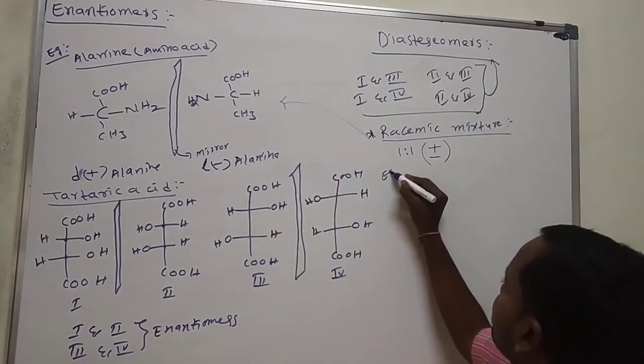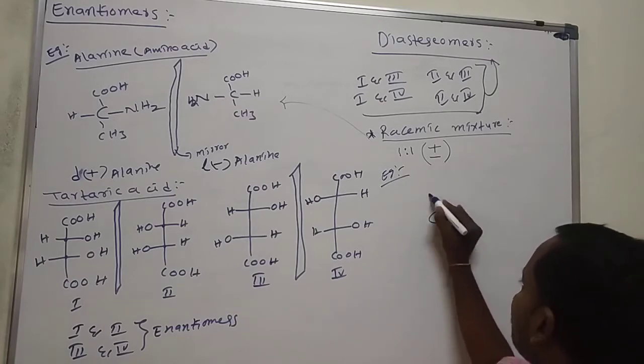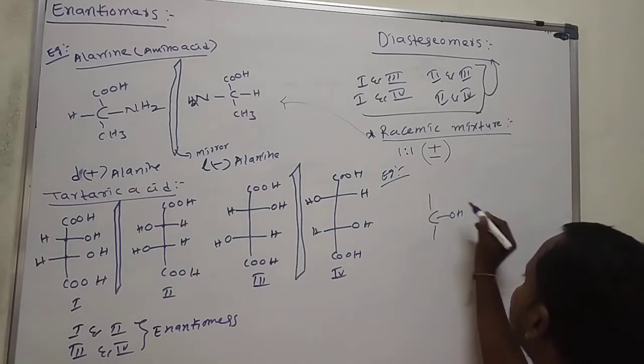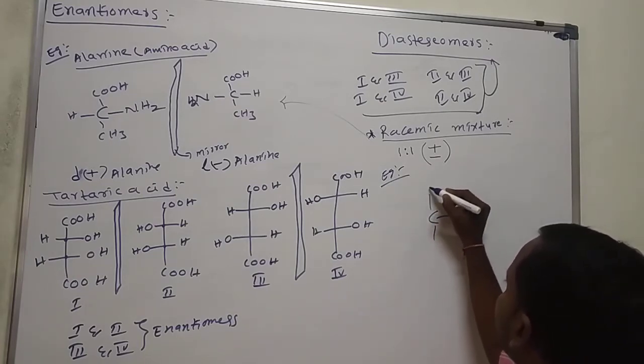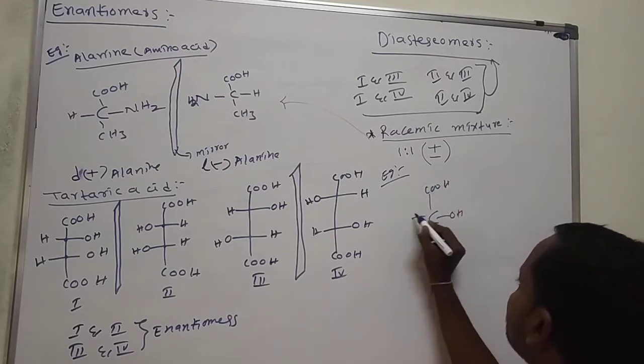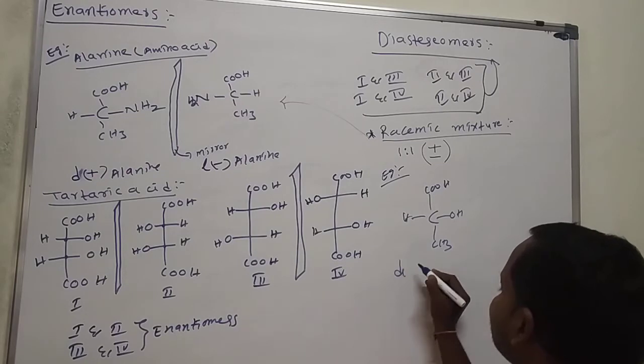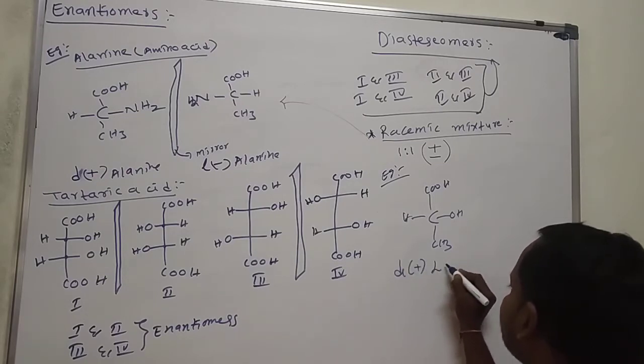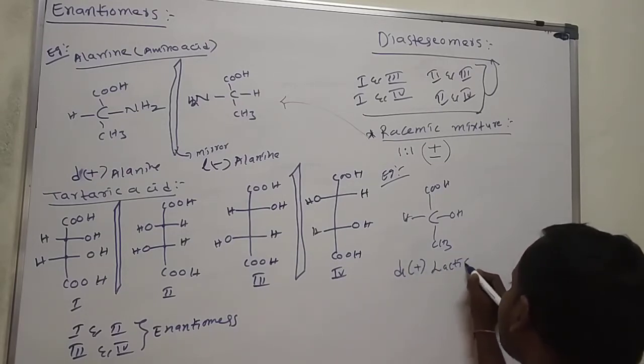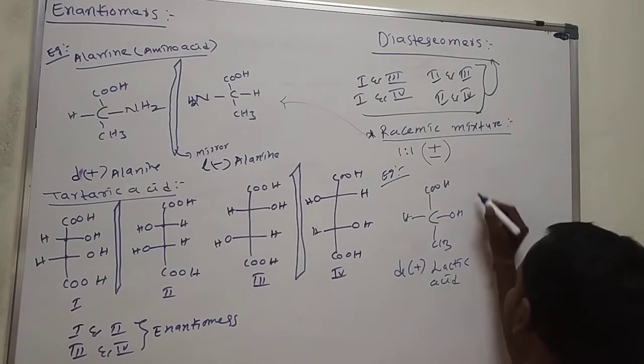Or I am taking one more racemic mixture. Here OH, here COOH, here H, here CH3. This is lactic acid, D plus lactic acid.